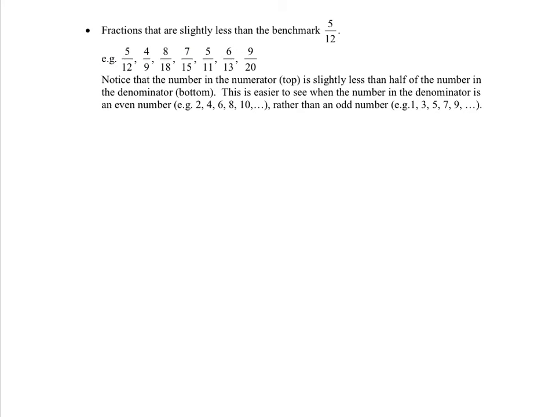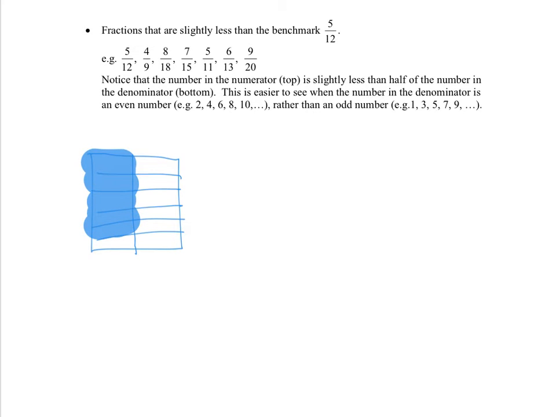Okay, now if we're going to look at fractions that are slightly less than the benchmark, that means that if you have a fraction like 5/12, you know that exactly half of 12 is 6. So 5 is under 6, which means if you were drawing an area model, what you would get is 5 out of 6, we'd have 2, 3, 4, 5.